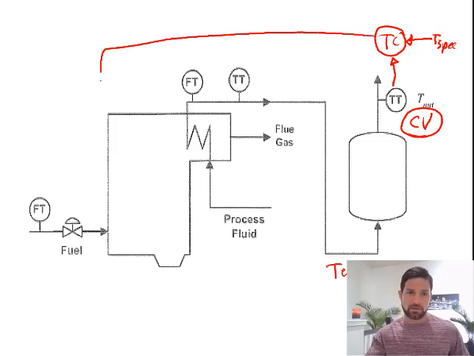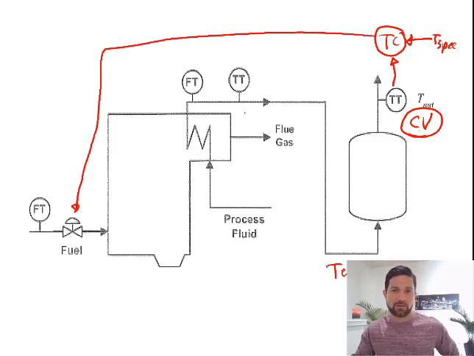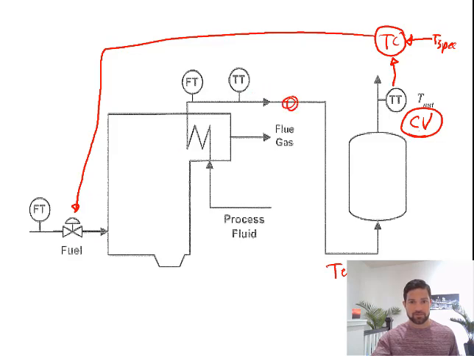This controller is going to change the amount of fuel based on the measurement of the temperature coming out. What we know is that the fuel is going to first affect the temperature. So the flow of fuel is first going to affect the temperature of this stream, which is going to affect the performance of the reactor and the temperature coming out.